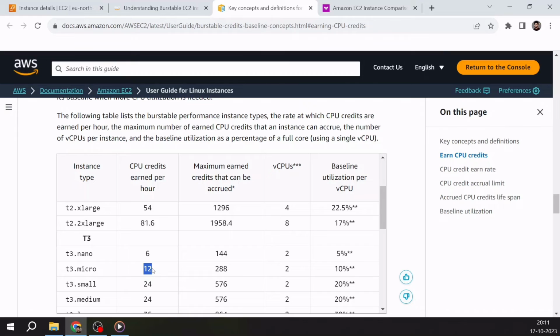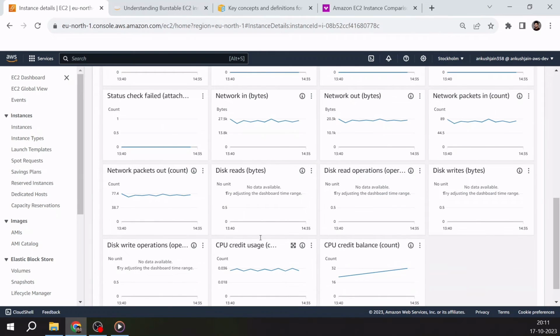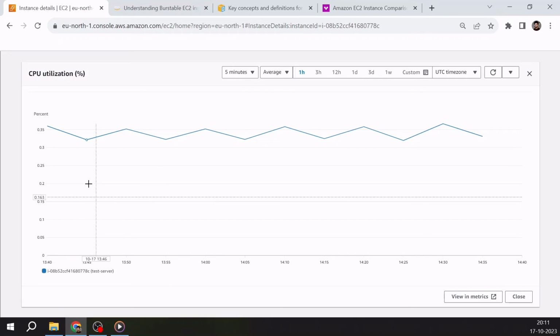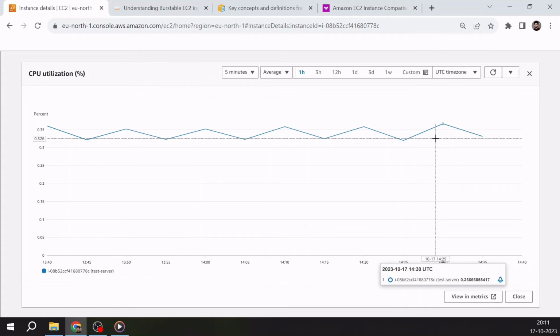That means each vCPU is earning 6 credits per hour, and it is supposed to perform at 10% utilization. In the monitoring tab, I'm not doing anything, and the CPU utilization is just 0.35, so it is not even using the 10% which is allowed.